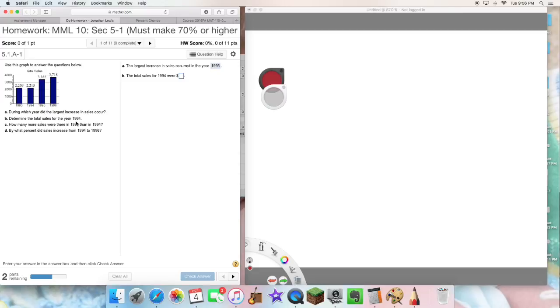Okay, read the graph. 1994 has 2,215. Done. How many more sales were in 95 than in 94? Well, you know how many are in 95, 3,382. You know how many are in 94, which is 2,215.